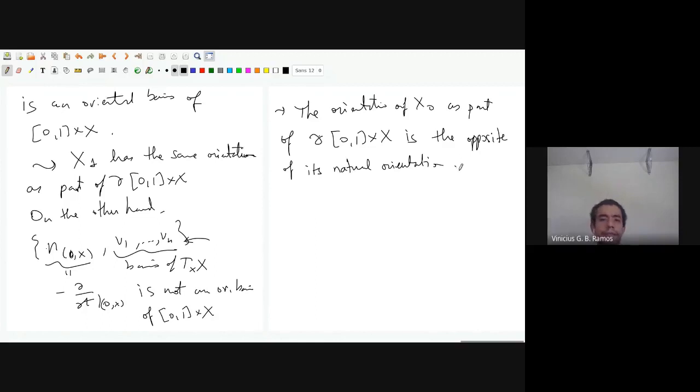Its natural orientation. Okay, is this clear? It's a bit of a convoluted argument, but it's something very simple if you really understand, but it's maybe a little hard to write.